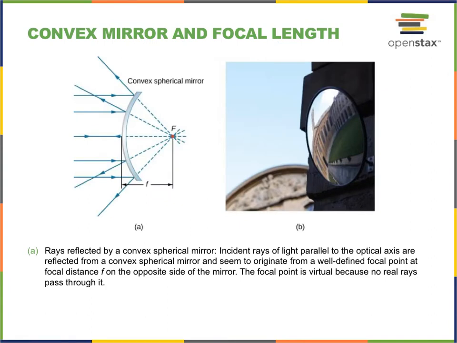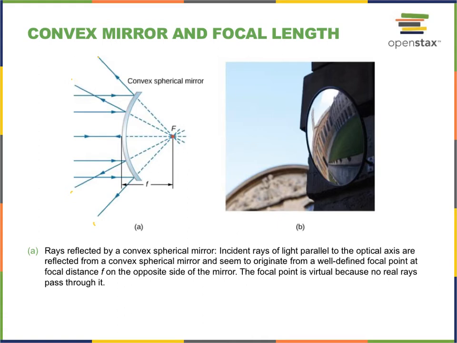Now the picture that you saw on the previous slide was what we would call a concave mirror, but we also have convex mirrors. A convex mirror doesn't actually allow for the light rays to converge when they reflect. They actually spread out. As you can see, these reflected light rays are sort of spreading apart. And so in order to find the focal point, we have to trace them backwards.